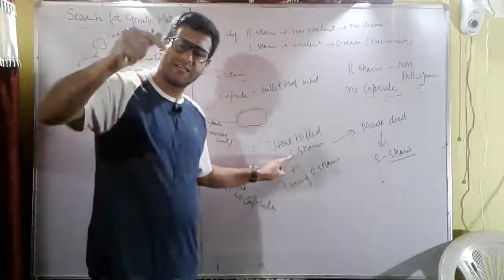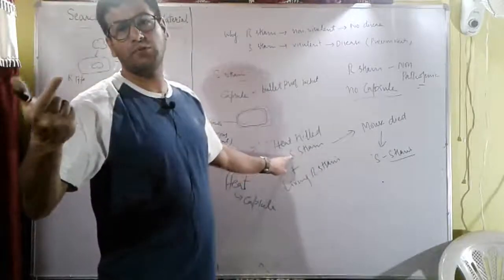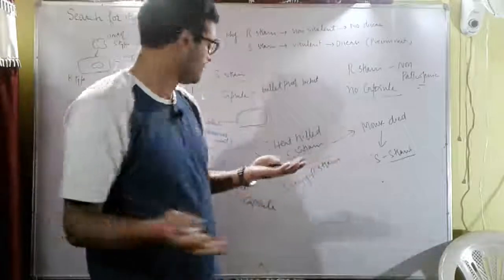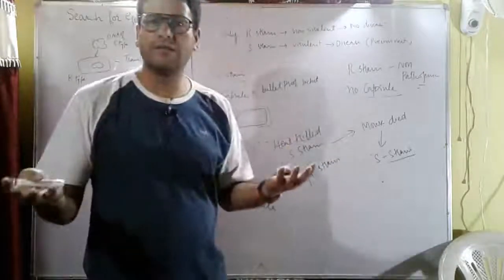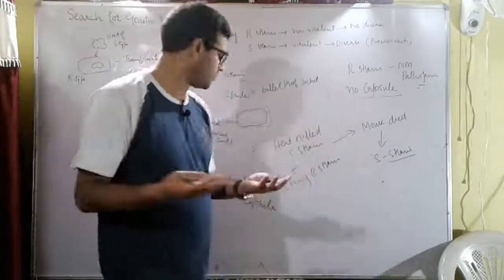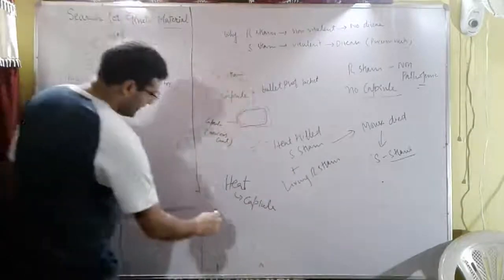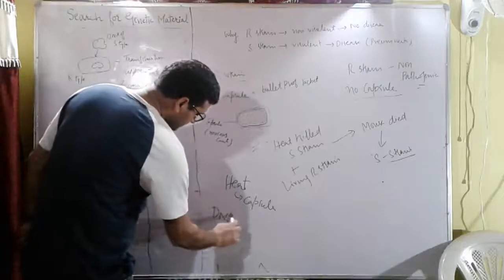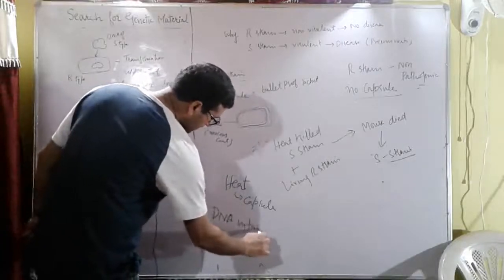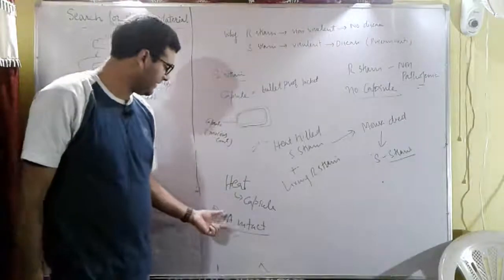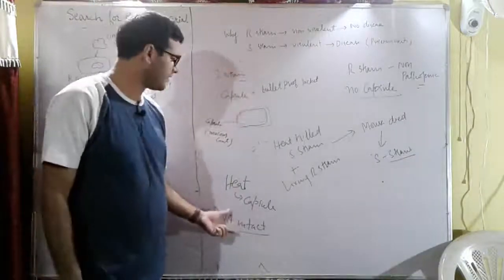As a result, the S strain of bacterium is unable to cause the disease because its capsule, its mucus coat, has been destroyed. It would be easily attacked by the antibodies of the host. But its DNA has survived. The DNA is intact because heat has no effect on the DNA. DNA is still there.